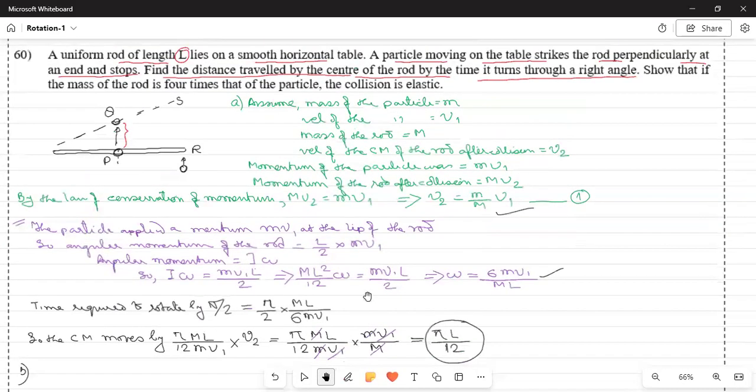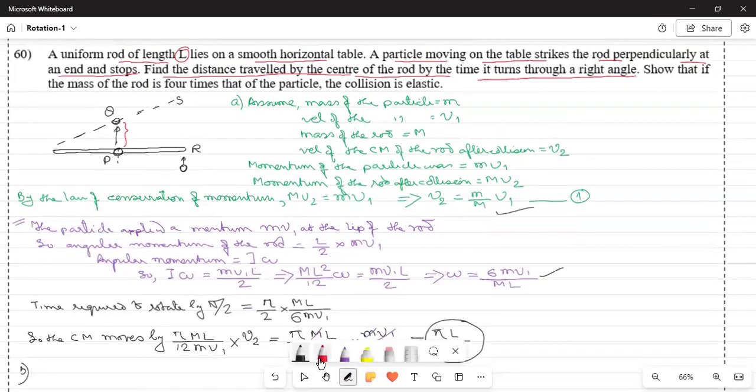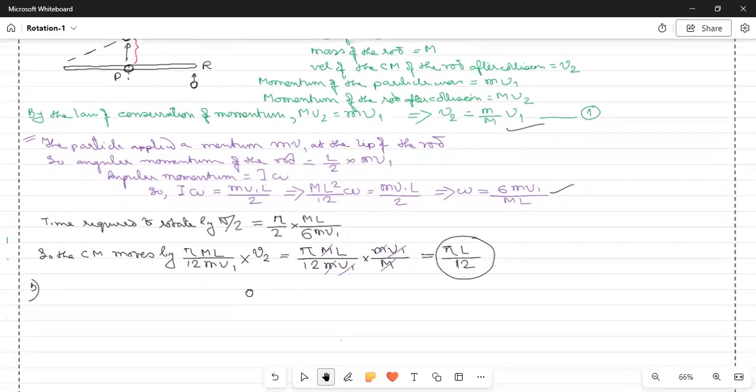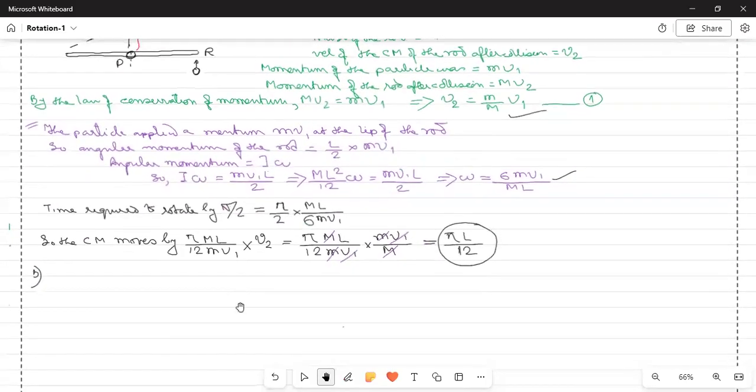Second part of the question is, see it very carefully: show that if the mass of the rod is 4 times that of the particle, the collision is elastic. Right? You remember what is the condition of elastic collision?